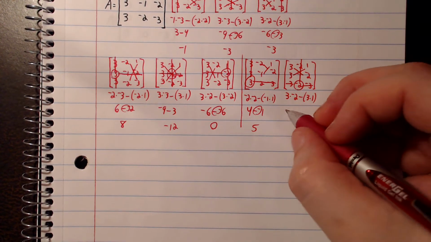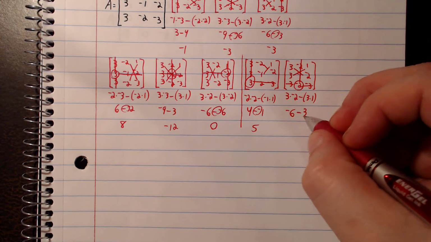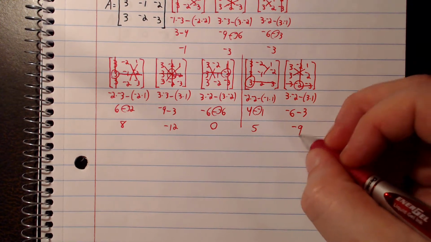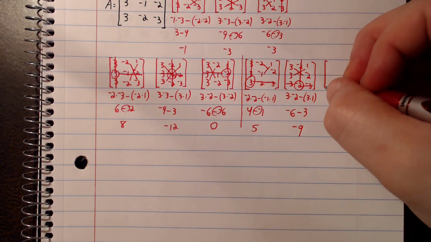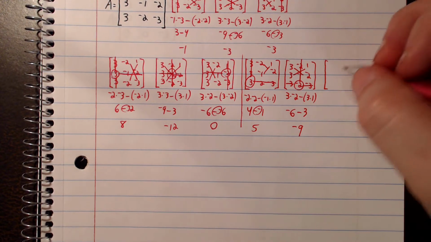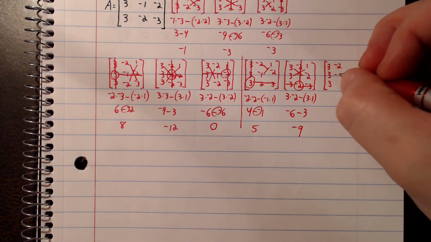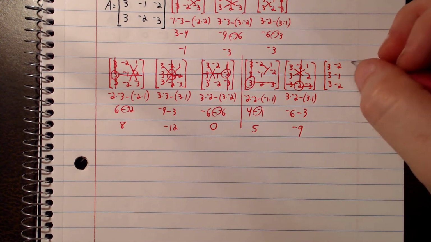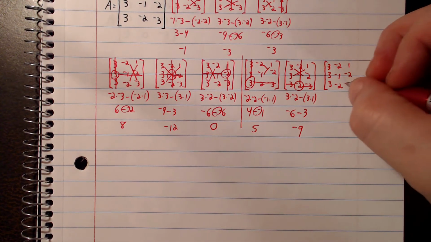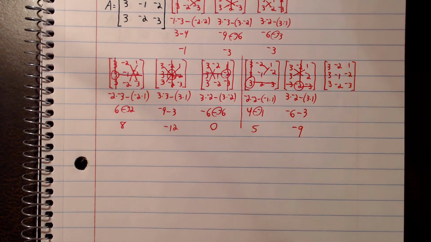Let's see, we get negative 6 minus 3, which is negative 9. And finally, our last one. If you were here this whole time, I sincerely apologize for how boring this must have been to watch.